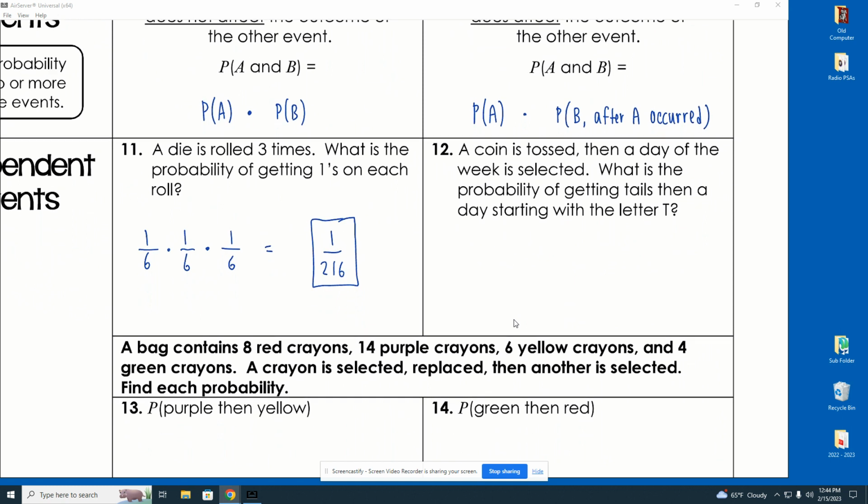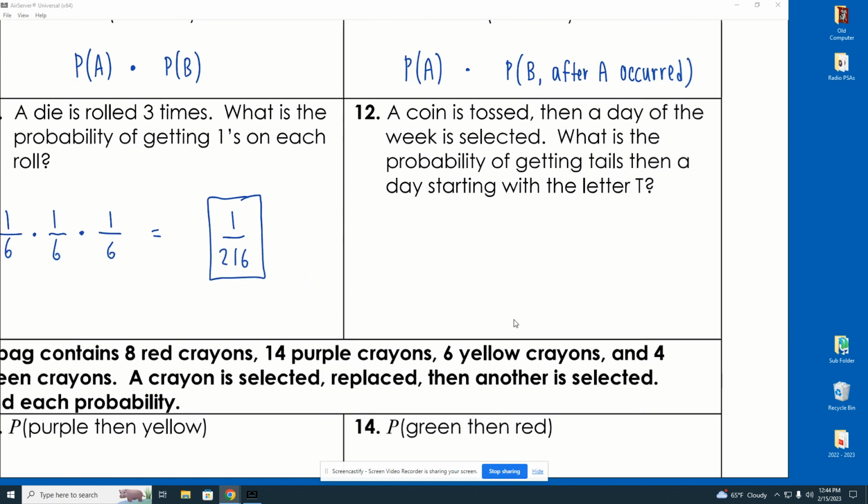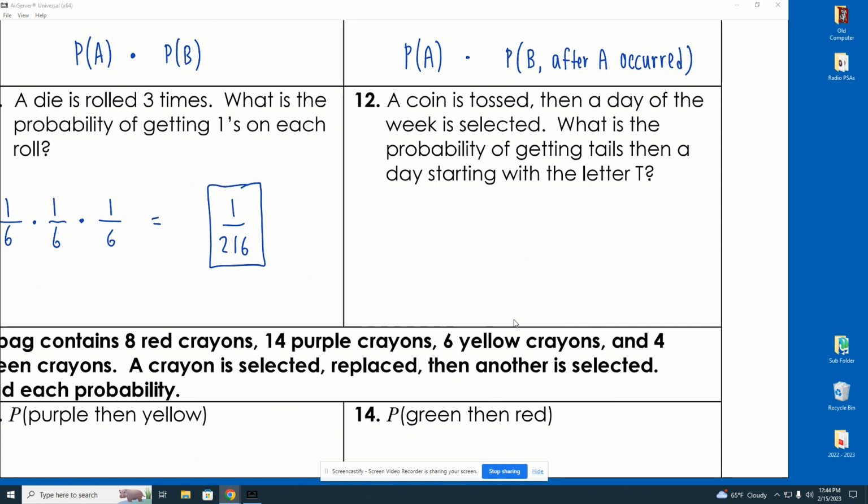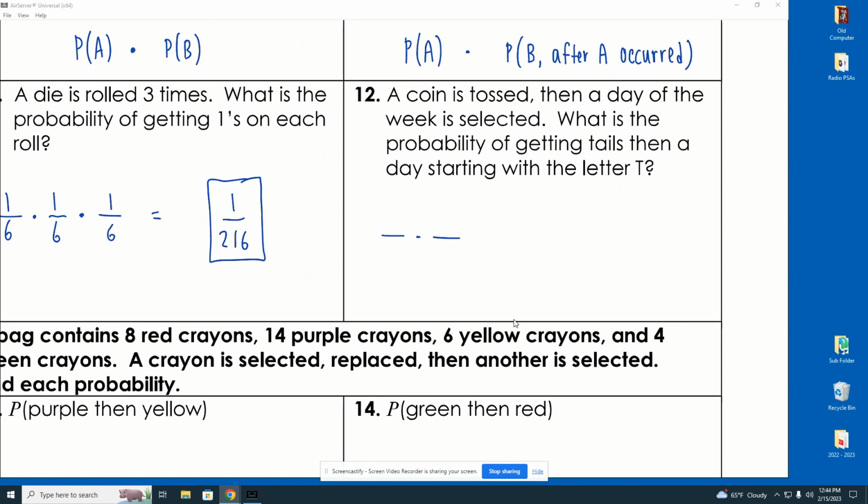All right, so number 12 is kind of a silly one, but it represents the idea of independence. A coin being tossed and a day of the week being chosen have nothing to do with one another, right? It's multiple events though, so what do we do? We multiply the events. So what's the probability of the first event, getting a tail? 1 out of 2.